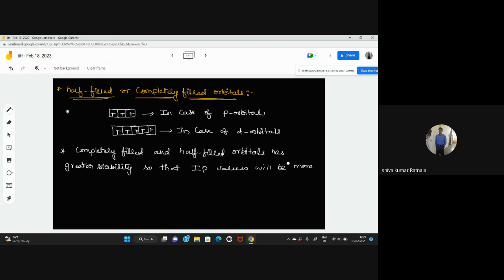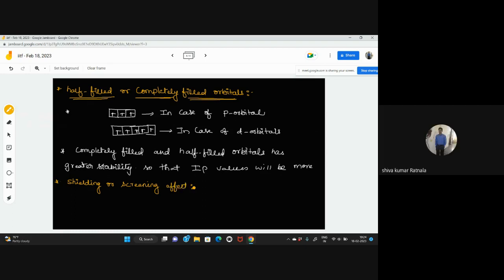The next parameter is screening or shielding effect. Sir, is this a new topic or part of IP? Part of IP only. I am discussing the factors only.